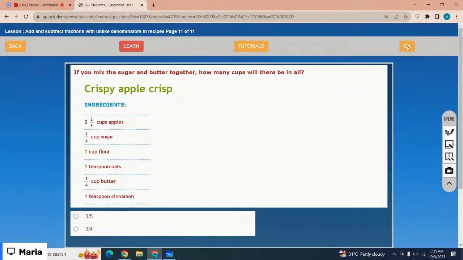If you mix the sugar and butter together, how many cups will there be in all? Sugar and butter. You have half cup of sugar and 1/4 cup of butter. So, which is the correct option?